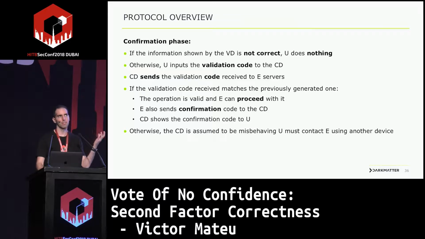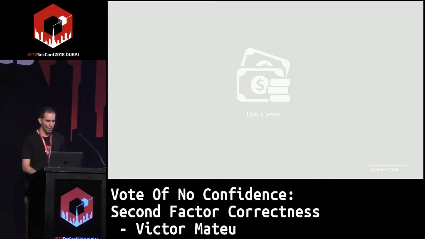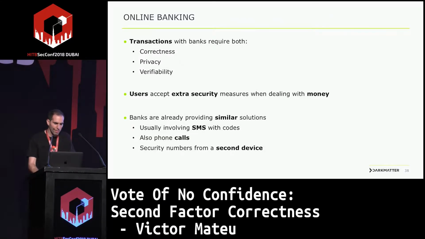So this is the main target of this second factor correctness. But once we had this idea, we were thinking, who is going to buy? We need to find someone who is interested in it enough to buy it. Otherwise, it's just a funny exercise, but it doesn't make any sense. So which is a good use case for it? We were thinking, which kind of transactions are so important that people cannot stay without knowing it was correct?